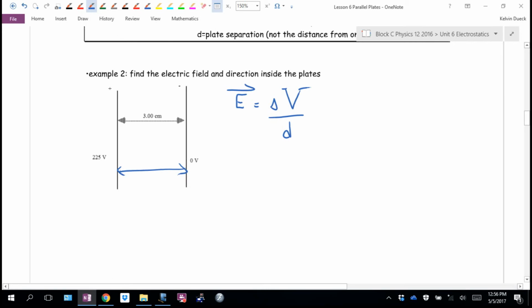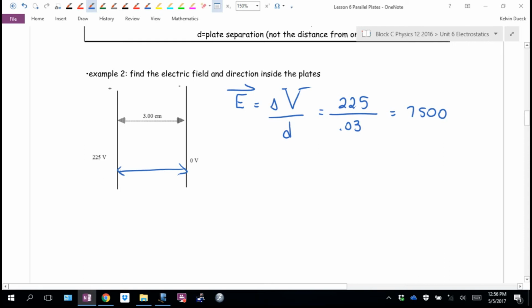What's the potential difference? What's the change in voltage between the plates? 225. What's the distance between the plates? 0.03. What's the electric field between the plates? Sorry? 7,500?